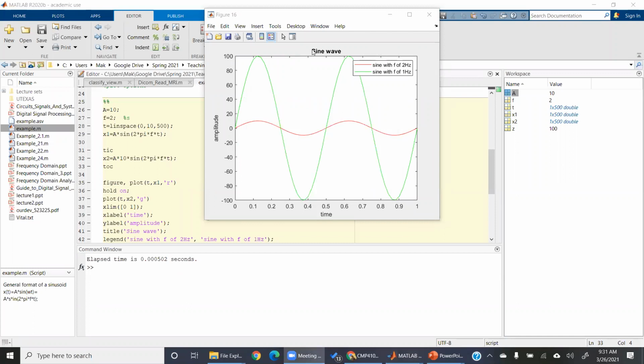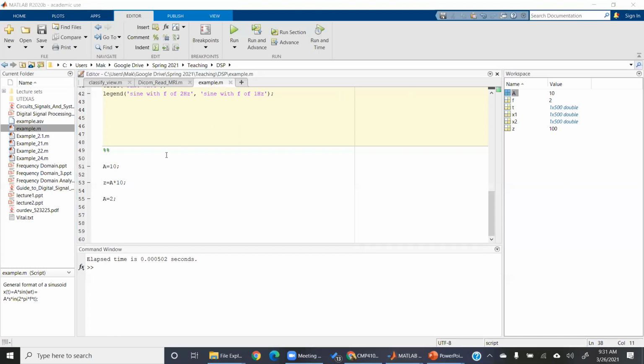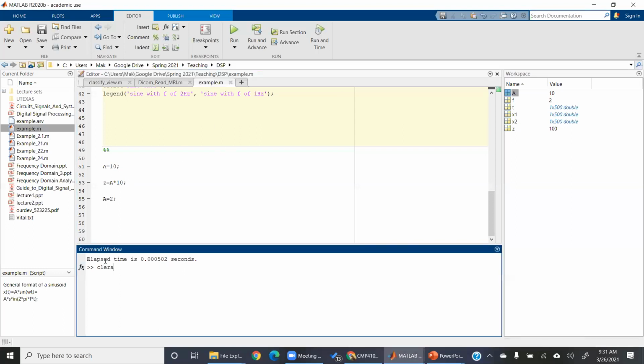Okay. What is Orion saying? Why doesn't Z equal to 20? Because execution is top down, A has a value of 10. Oh, wait a second. Okay. All right. Let's do this again. So Orion, let's do this again.